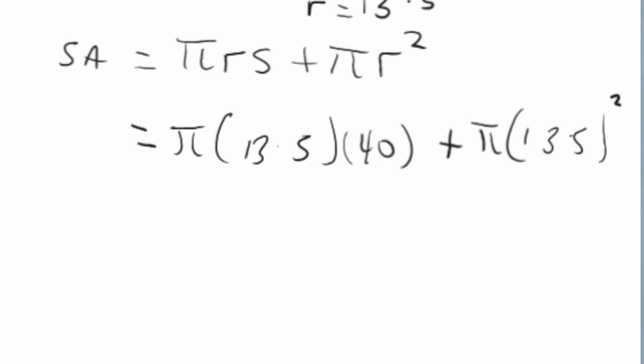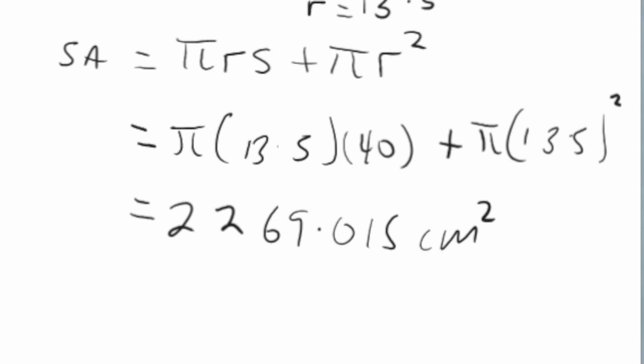And then you put it in the calculator, and you're going to get 2269.015 centimeters squared. So that becomes the area of the cone.